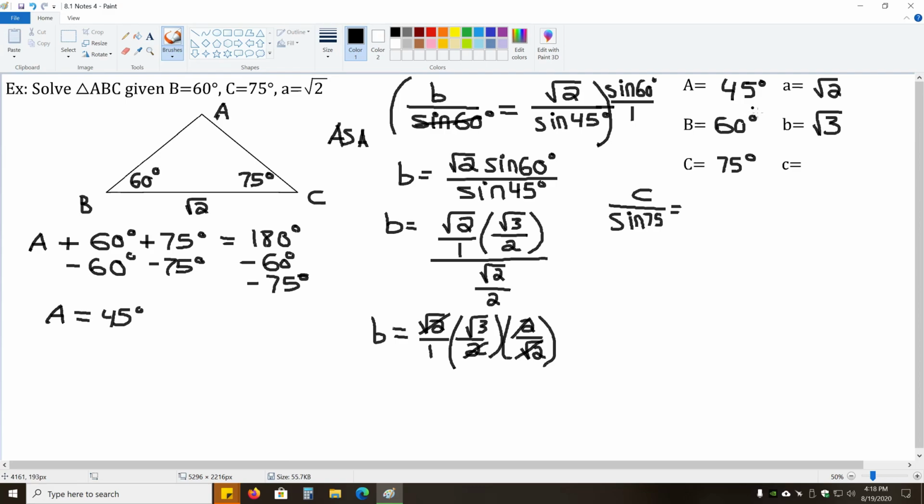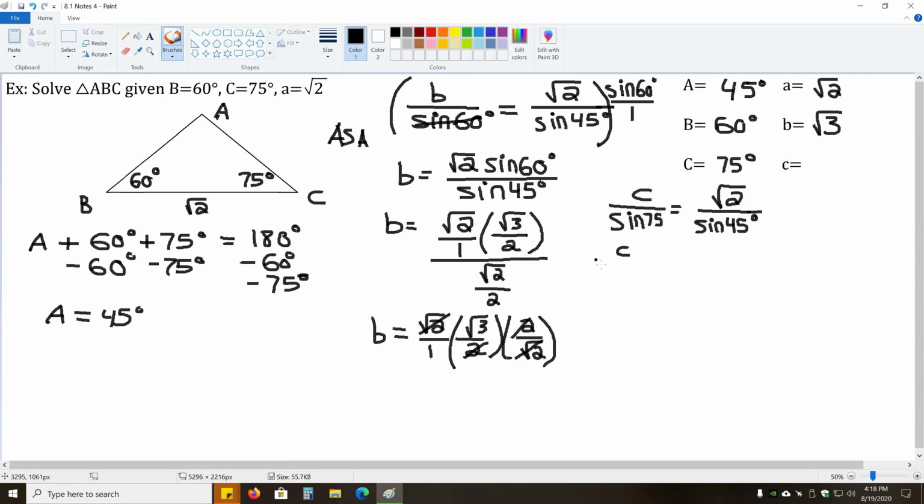Technically, in this problem, both of these have information that we solved for, so you're technically allowed to use either one of these. I'm just going to go ahead and use a over sine of a, since we just used that in the previous one. So we get a is the square root of 2 over sine of a is 45 degrees.